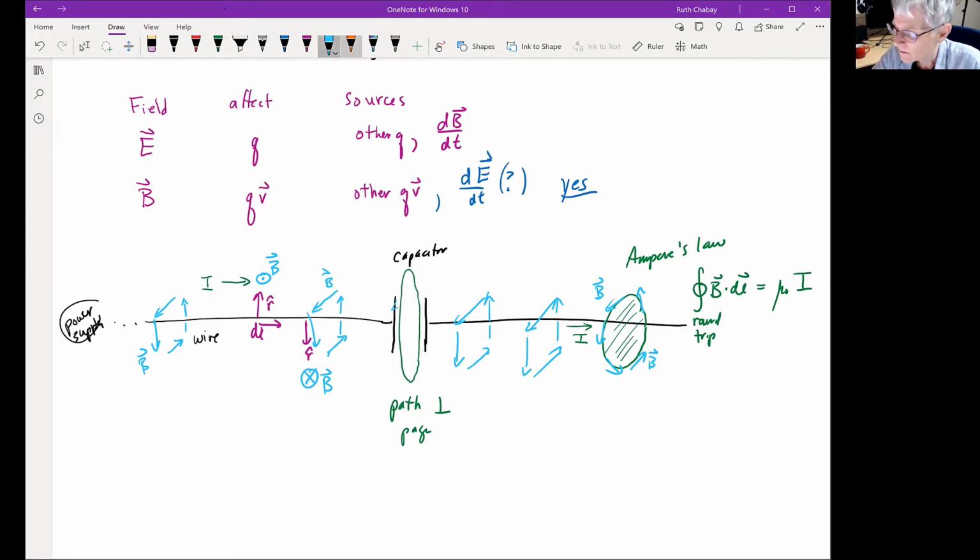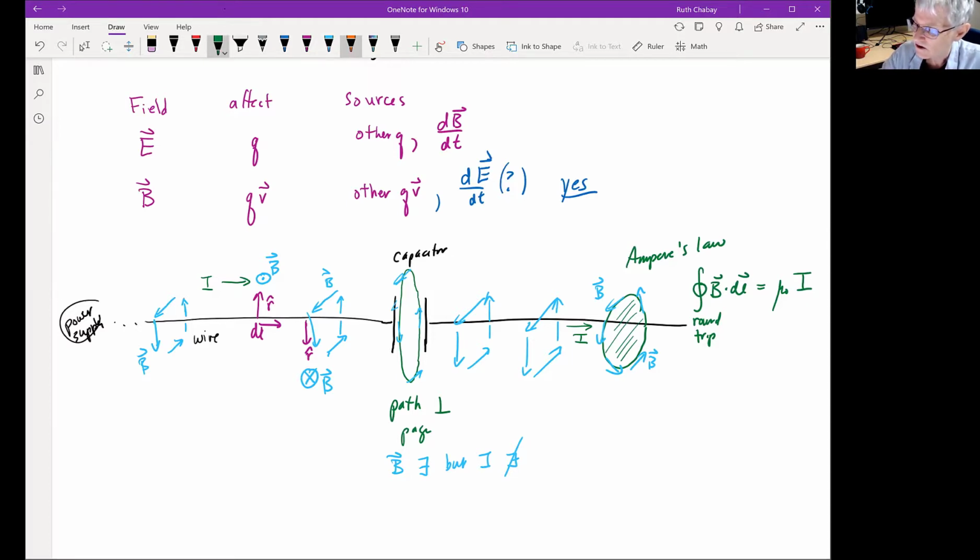Well, there's presumably a magnetic field here because all these moving electrons in this wire certainly contribute to a magnetic field there, but we have a problem because there's actually no current here. B exists, but I doesn't exist in here. There is no current piercing it.